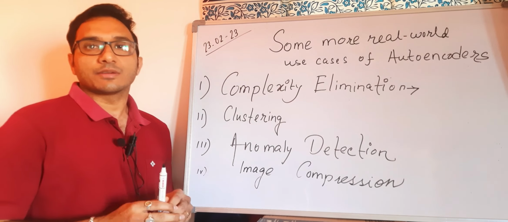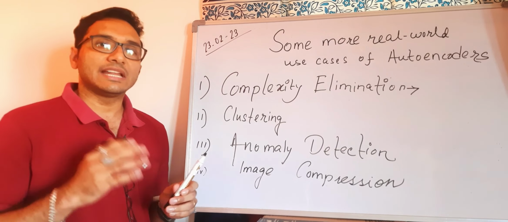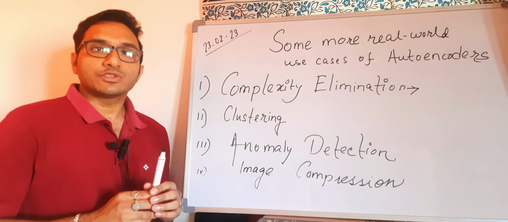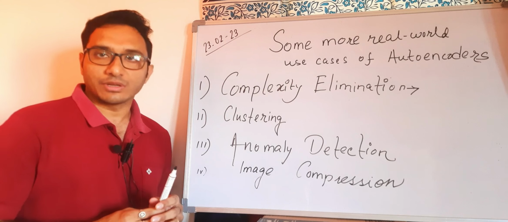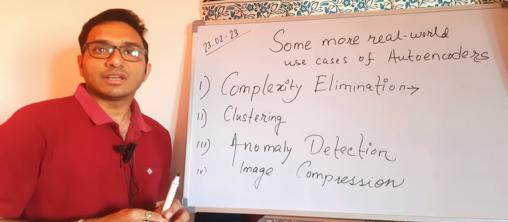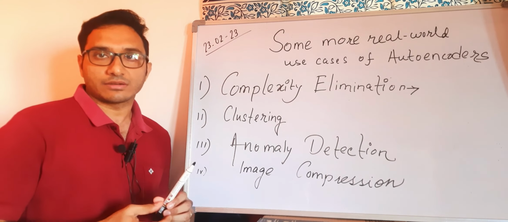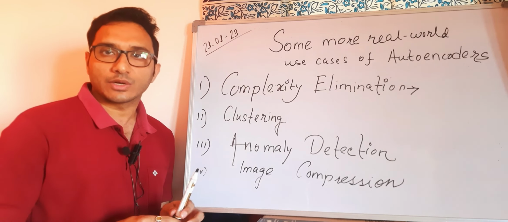I am giving you one very easy example. Suppose you are dealing with image data, and the images are very high resolution. Now you pass those images into a network designed in an autoencoder manner. It is already a trained autoencoder network.